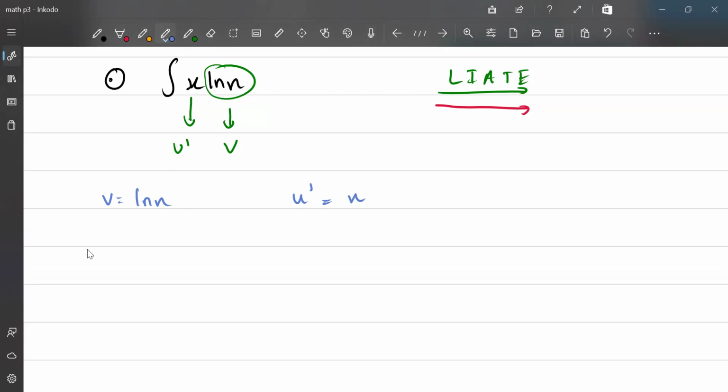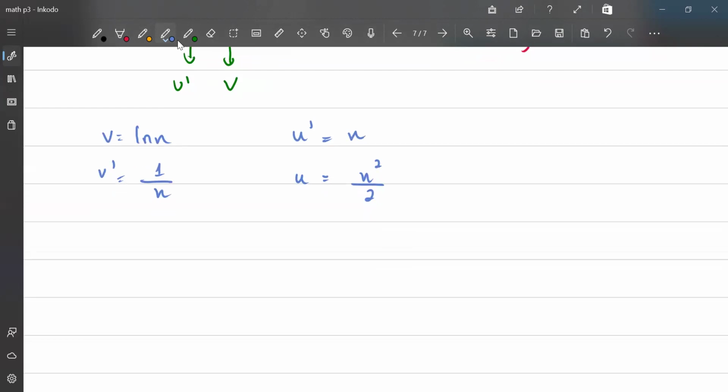All right. So what would be v dash? v dash would be 1 upon x. And what would be the integral of u dash? It would be x squared upon 2. Now what we have to do is just apply the formula. The formula is vu minus integral of u v dash.